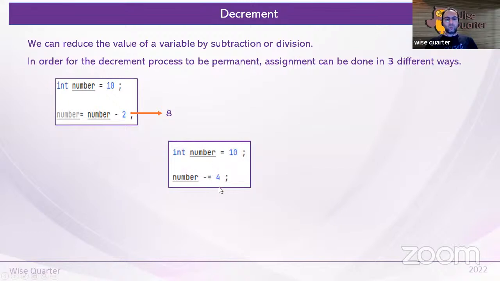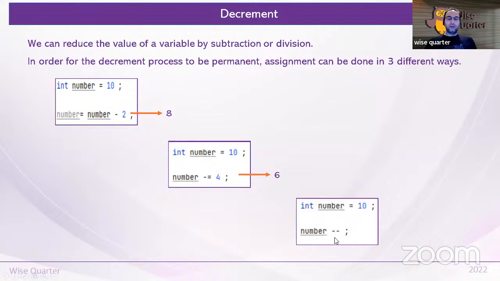This one will make it 6 here. Minus minus means minus 1. I do not know why they did not write a minus 1 here. Don't worry about it for now. As you can see, when we see minus minus after a value, it means minus 1. It was 10, it became 9.